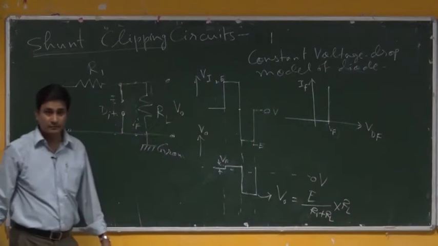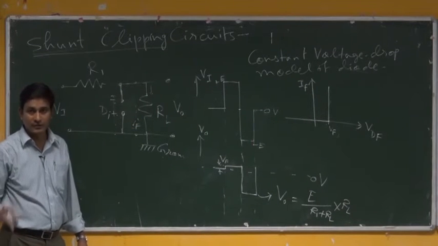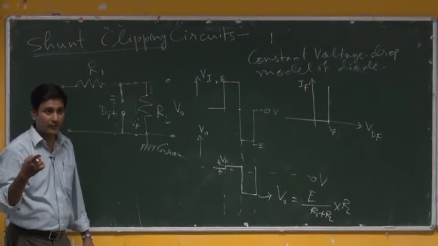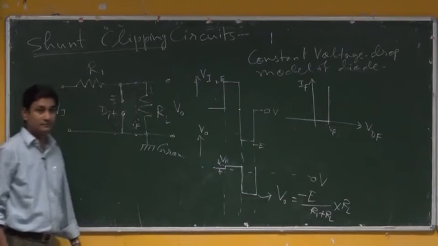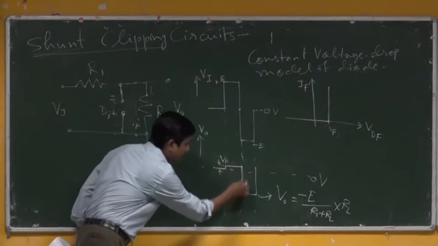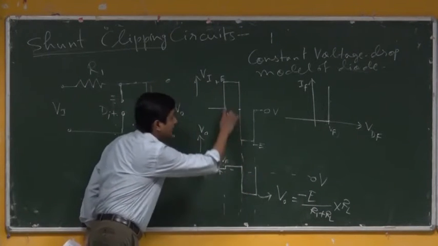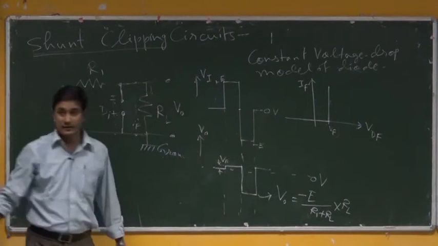What is the polarity? Obviously negative, because you are applying not plus E but minus E. That is why you are getting this negative voltage here. Again, if it repeats, then you will be getting the other shape.